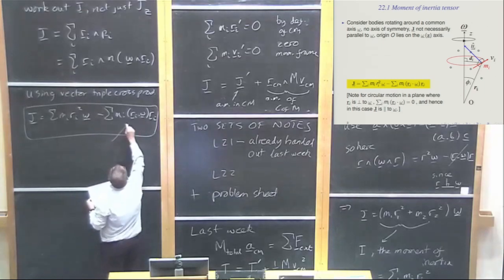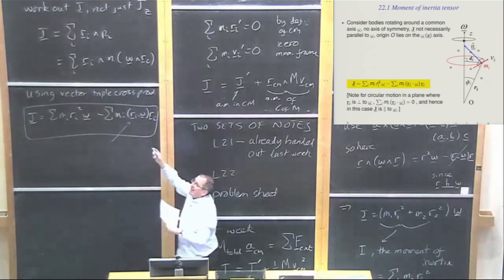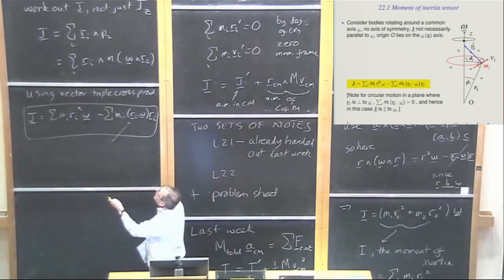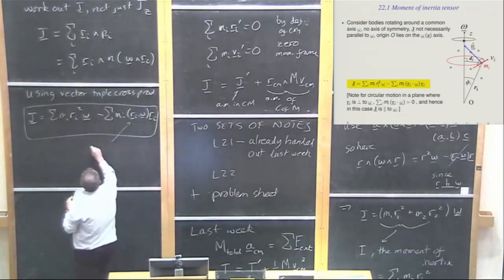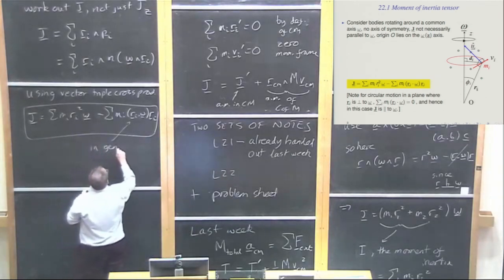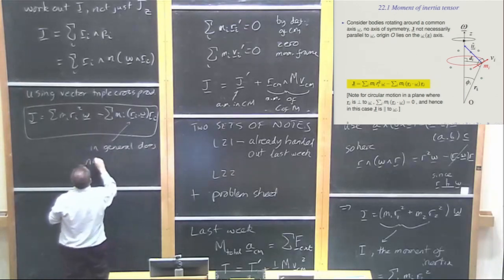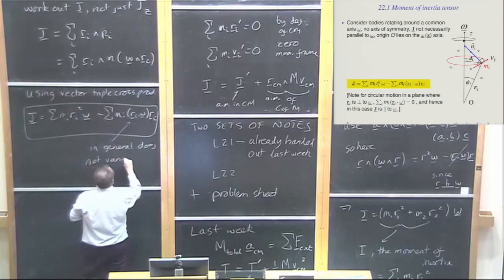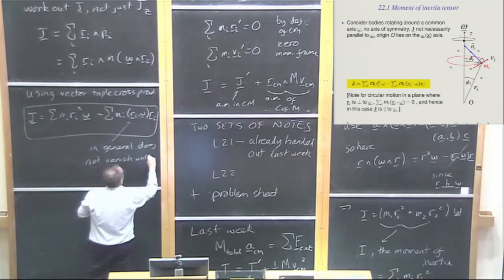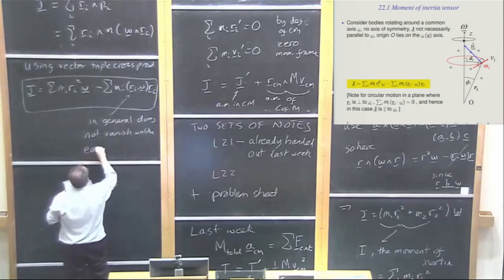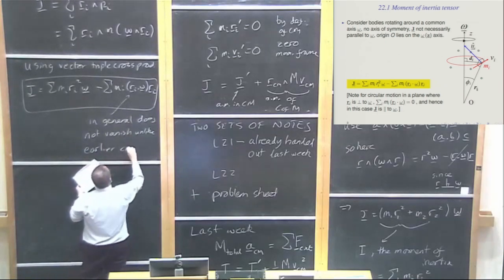So in that case it vanished, but in this case that won't vanish because R and omega in general are not at right angles. So this in general does not vanish, unlike the earlier case.